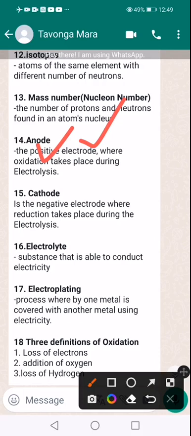The cathode gains electrons from the anode, so the type of reaction at the cathode is called reduction. Because the anode loses electrons, which are transferred through the acidified water electrolyte to the cathode, the reaction at the anode is called oxidation. Why? Because oxidation is loss of electrons.